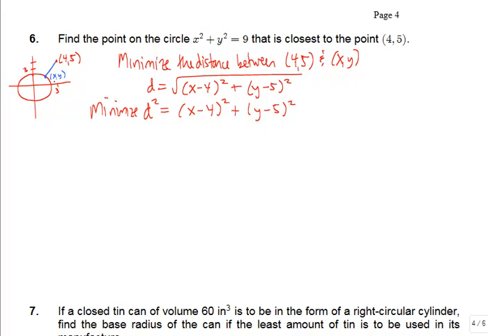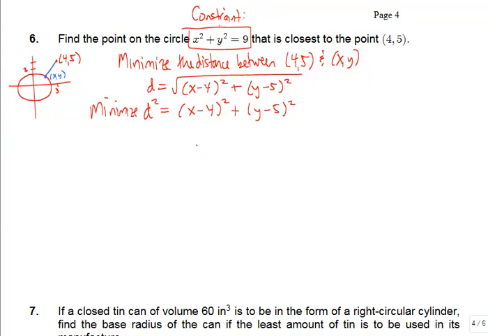Well, it's the fact that this point x, y has to lie on this circle, and we know what our equation of our circle is. So this equation of our circle is actually our constraint. That's what is forcing us to be true. We have to have that x and y must satisfy that equation.